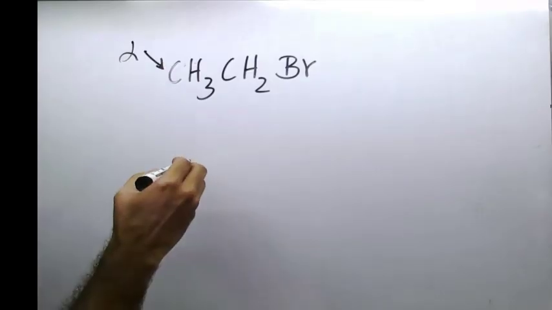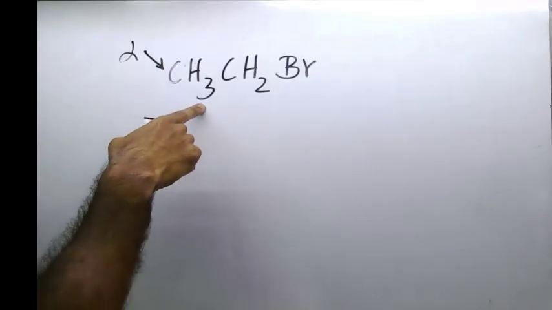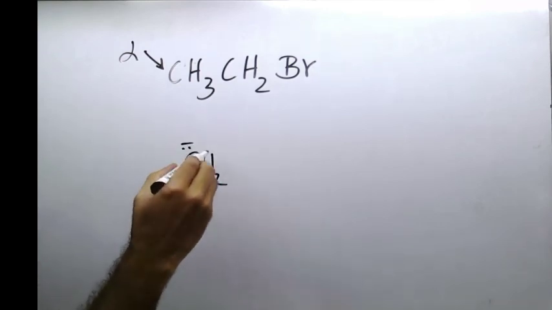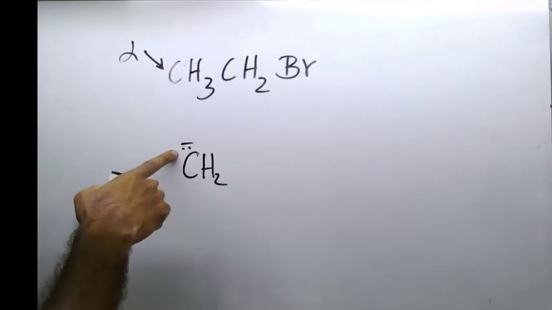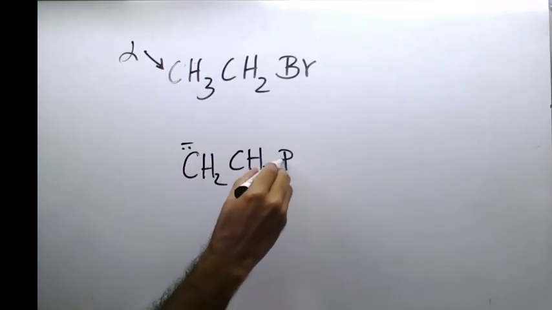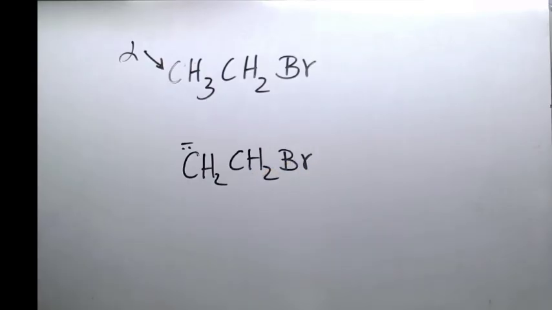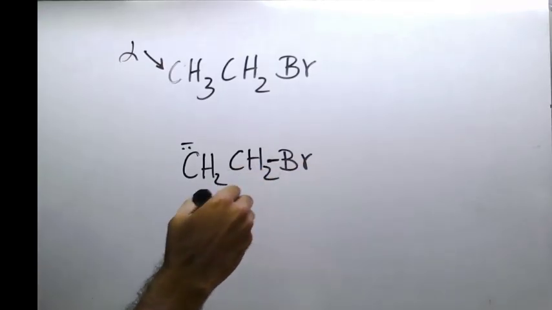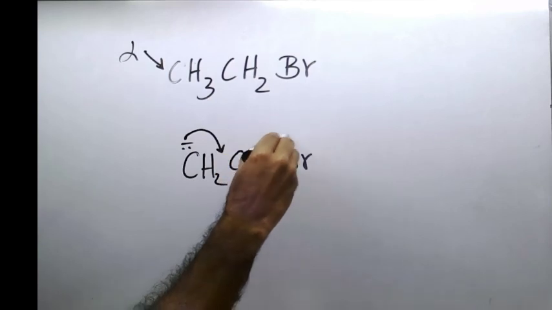Now once we remove this proton, that means one proton, we will get this anionic charge on the carbon atom, so we can call that a carbanion. But you already know carbanions are highly unstable, so there should be a way to stabilize that. The only way to stabilize this is that this Br group will leave in this way.